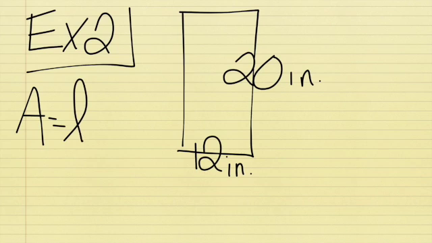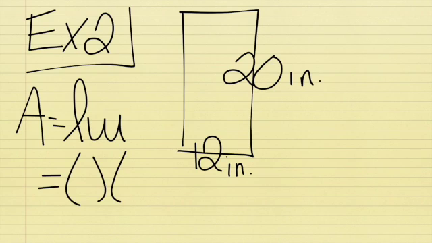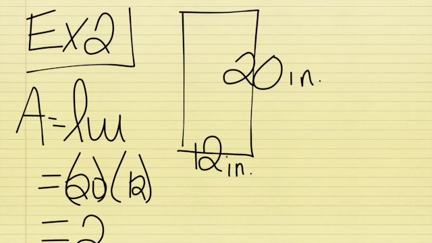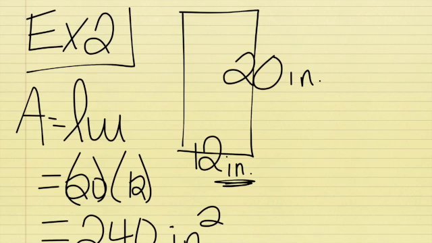Area equals length times width. All right, next, plug in the numbers, 20 and 12. Drop down again. Actually do the math. 20 times 12 is 240. Write in what we're using, inches. And it's area, so it's inches squared.